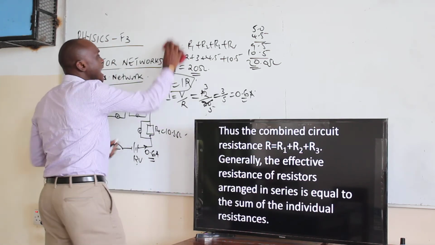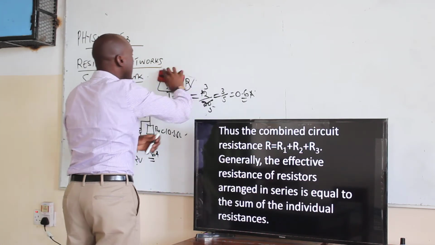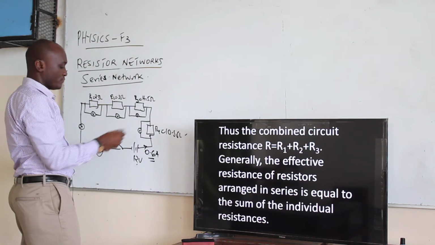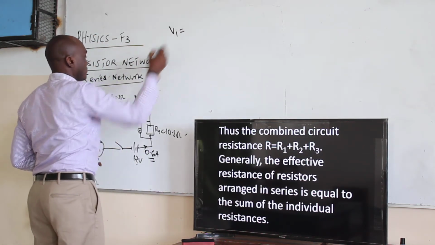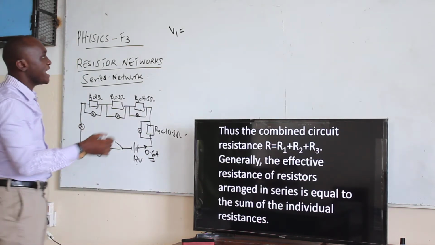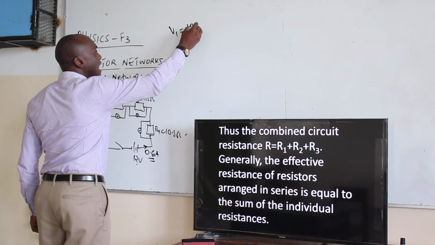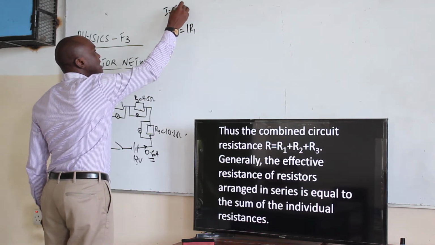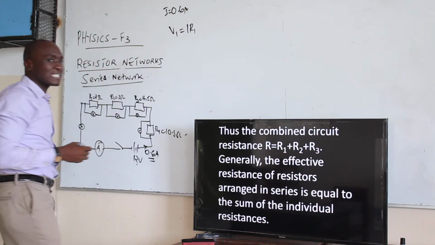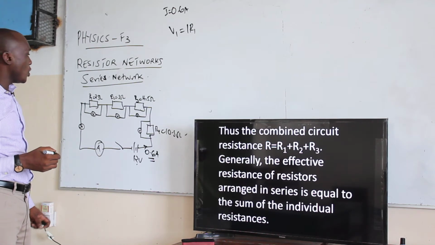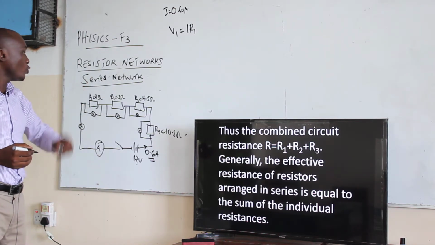Now from there, we are able to find the voltage drop across R1. So you can say V1 is the voltage drop across R1. How do we find that? We are going to say I times R1. We know that I is equal to 0.6 amperes and resistor 1 is 2 ohms.